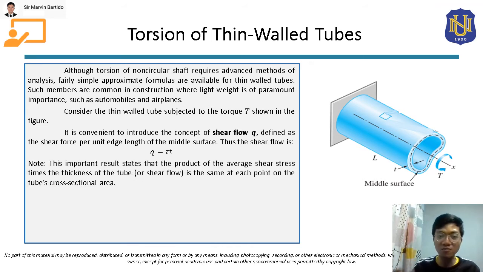From this formula, class, this result states that the product of the average shear stress times the thickness of the tube, or the shear flow, is the same at each point on the tube's cross-sectional area. Take note of that, class.